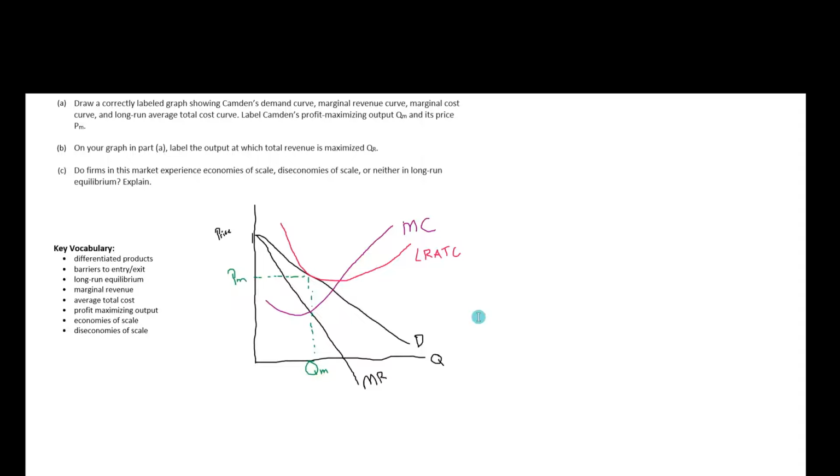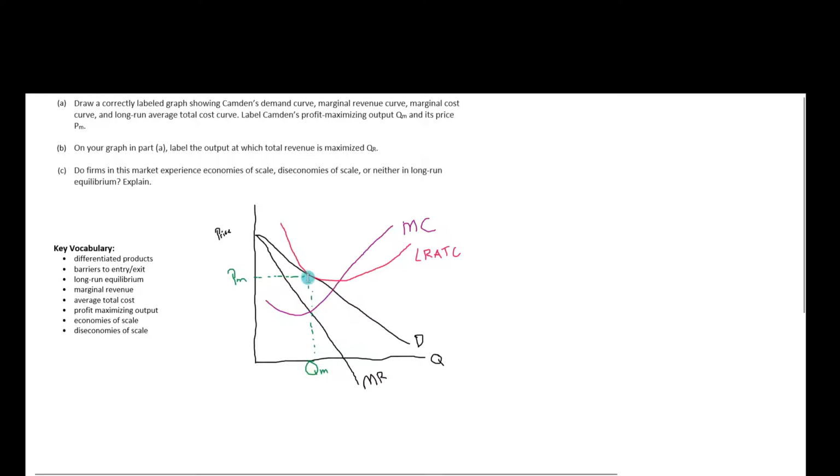And how do we know where that point is? Well, we're going to follow our profit maximizing quantity, and that is where marginal revenue equals marginal cost, like in other markets. So we just find the point at which marginal revenue and marginal cost cross each other.